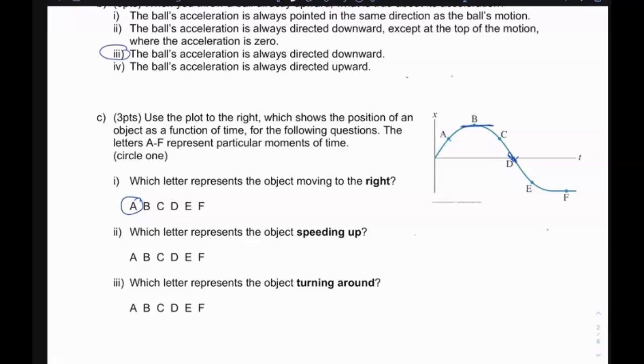And at point C, the slope is negative, but not as steep as at point D. So the object is speeding up at point C.